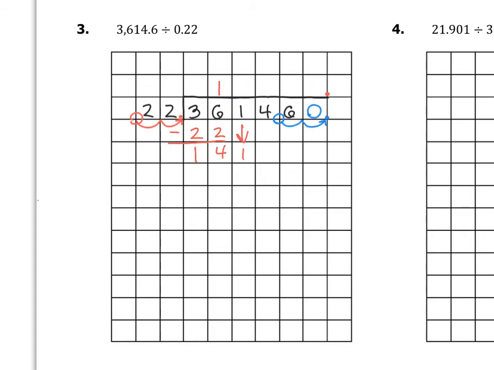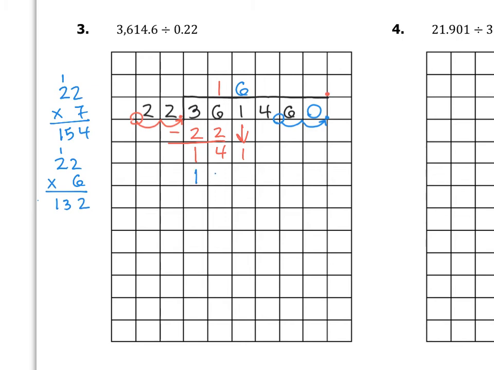20 will go into 140 7 times, but if we take 22 times 7, we're going to get more than 141. We get 154. So we need to do 22 times 6. 22 will go into 141 6 whole times, and 22 times 6 is 132.